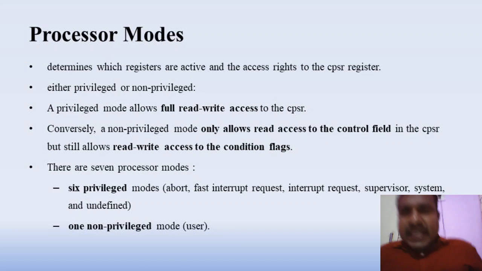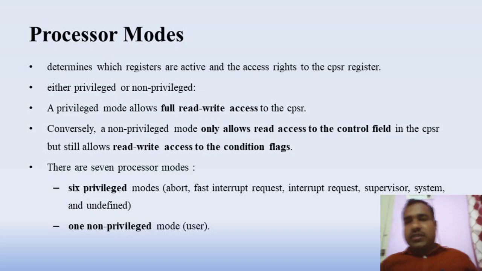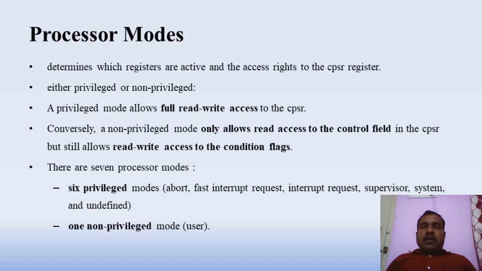So let us study about modes. The processor modes determine the register set which is active for a particular mode, and also the access rights to the CPSR. How can you access the CPSR in these modes? All the modes are either privileged modes or non-privileged modes.